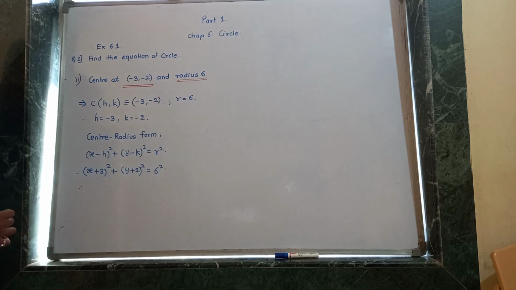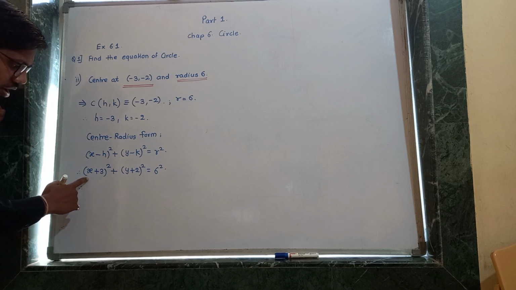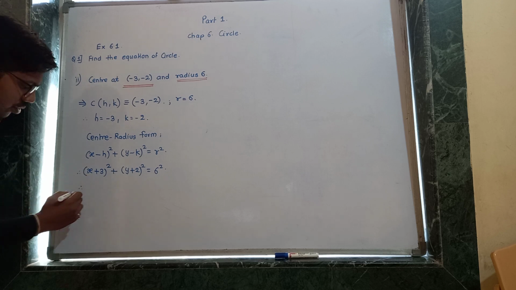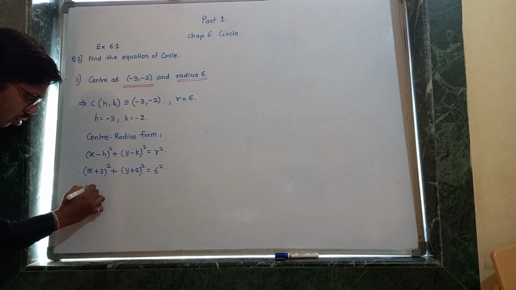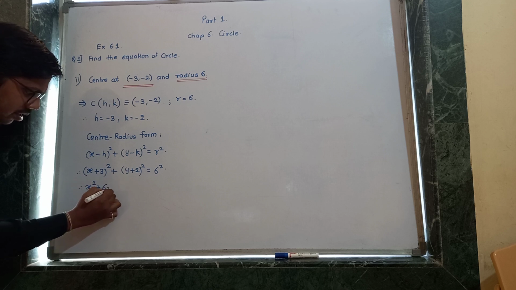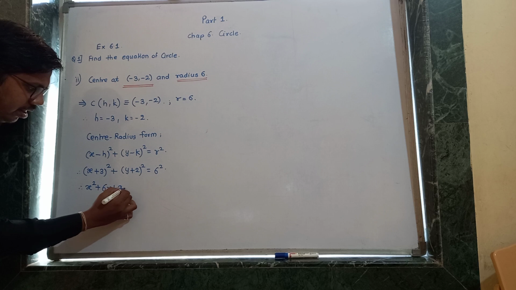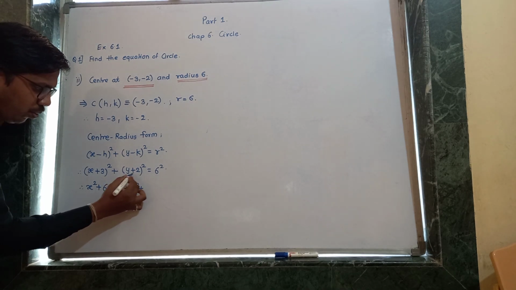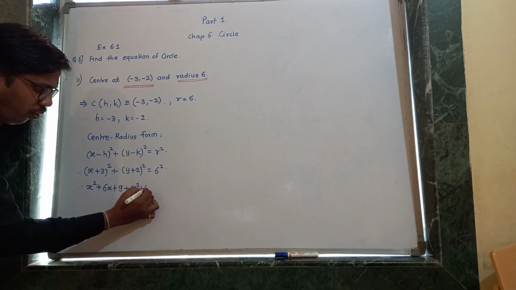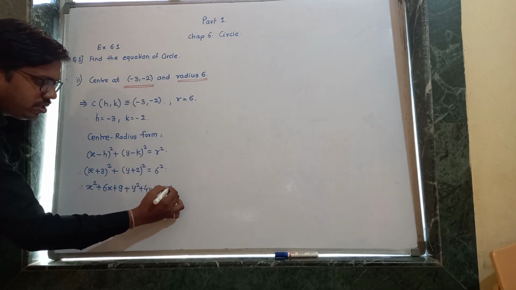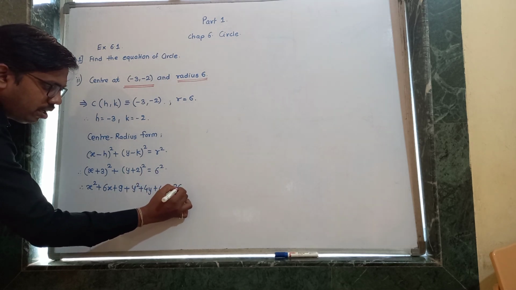Fine. Everybody knows the formula for (a + b)². What is that? a² + 2ab + b². I am using that similar formula over here. So x² + 2·x·3, so 6x, plus 3² is 9, plus y² plus 2·y·2, so 4y, plus 2² is 4, which is equal to 6², that is 36.